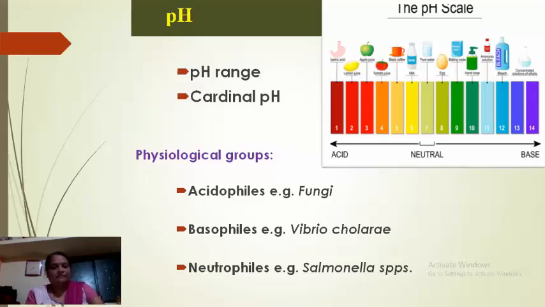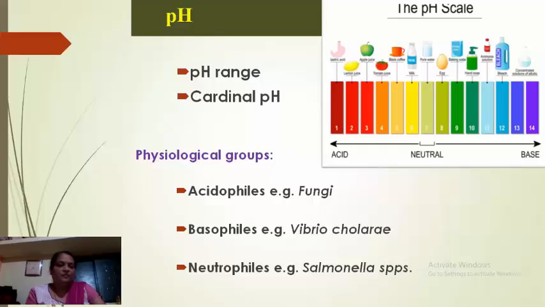Every organism has a pH range which is defined by minimum pH and maximum pH. Minimum pH is the pH below which there is no growth. Maximum pH is the pH above which there is no growth. And optimum pH is the pH at which there is maximum growth of the organism. Every organism has these three values of pH: minimum pH, maximum pH, and optimum pH.